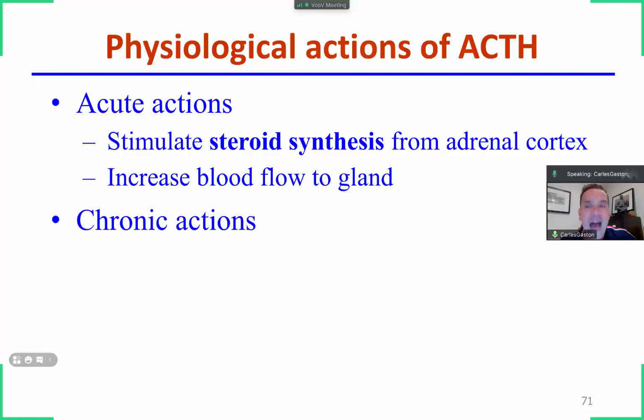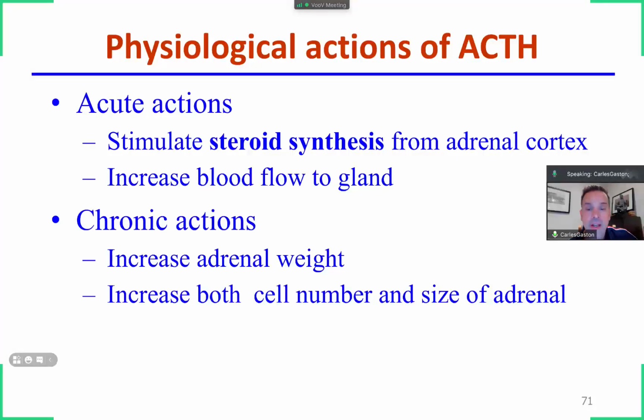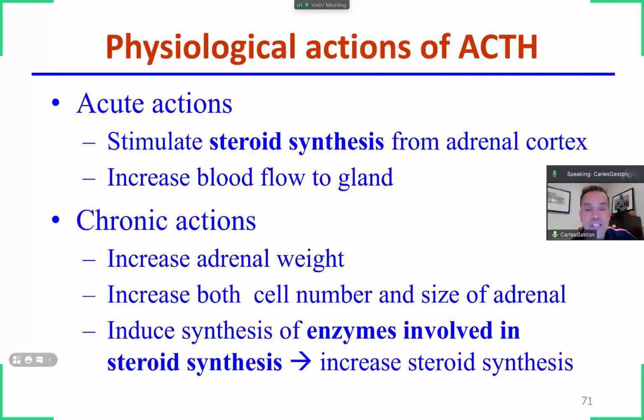Then it also has lots of chronic actions, such as an increase in adrenal weight, an increase in both cell numbers and size of the adrenal, and it induces synthesis of enzymes involved in steroid synthesis. And obviously we're going to study what kind of enzymes are involved in the steroid synthesis and which steroids are increased in this process.